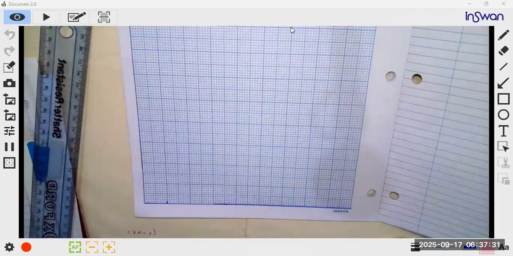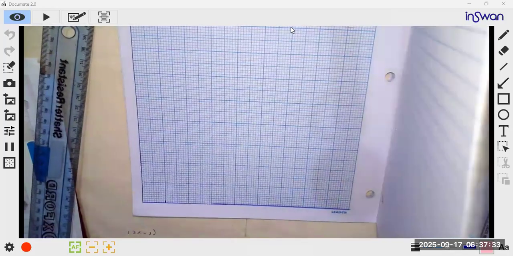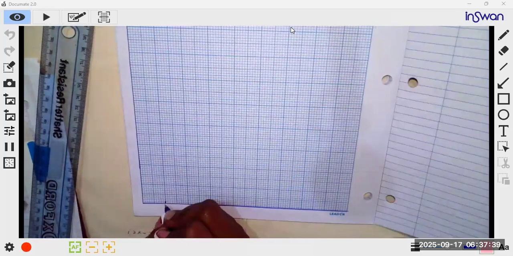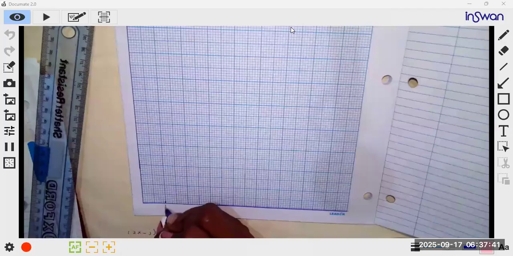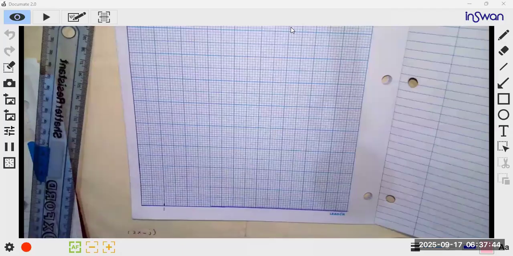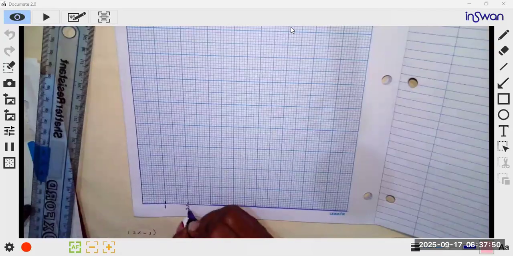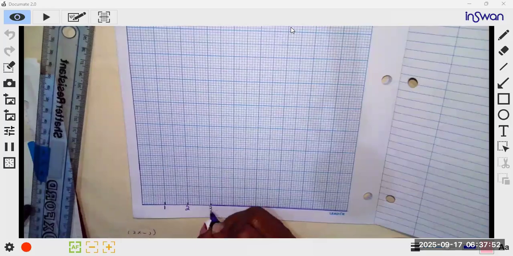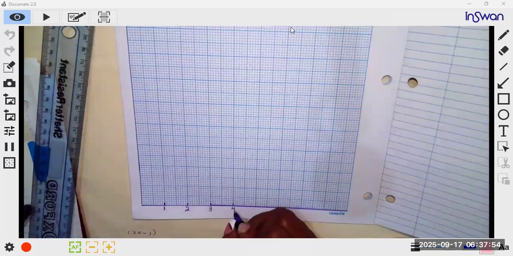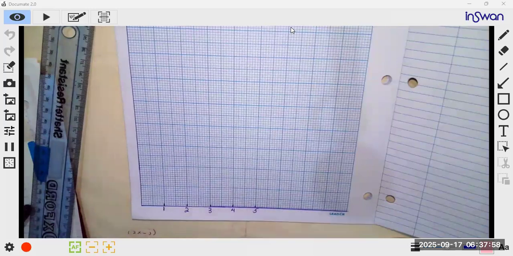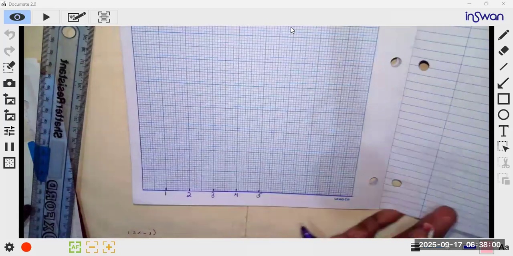So therefore, this will be 1, 2, 3, 4, 5. That's what I mean. 2 cm to represent 1 unit, right?